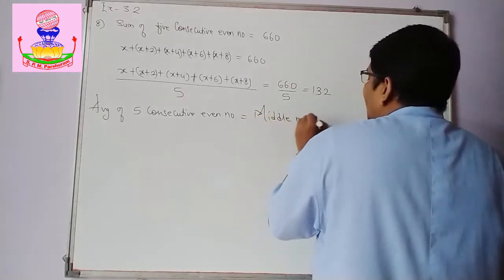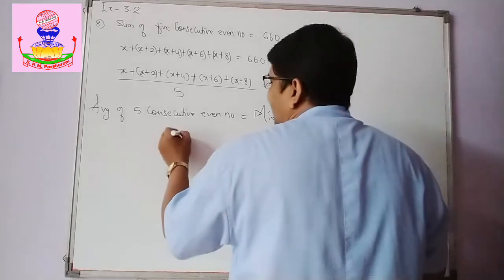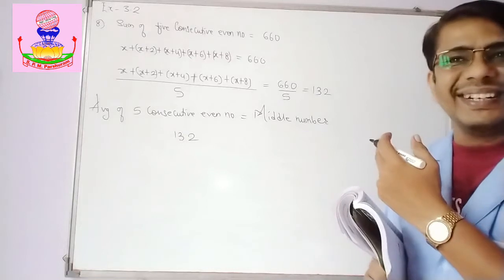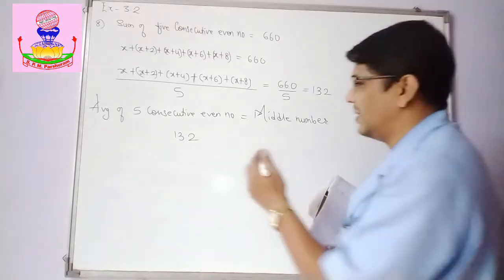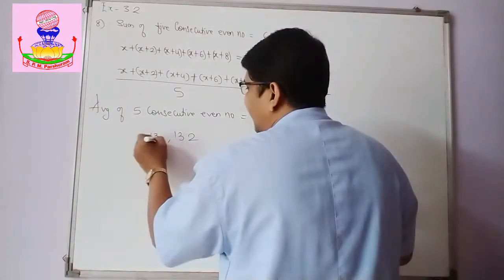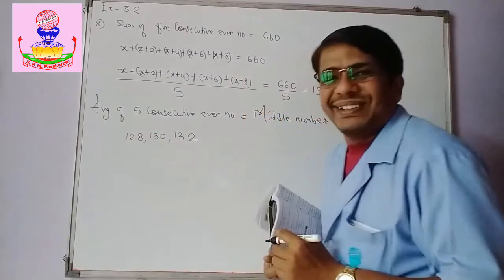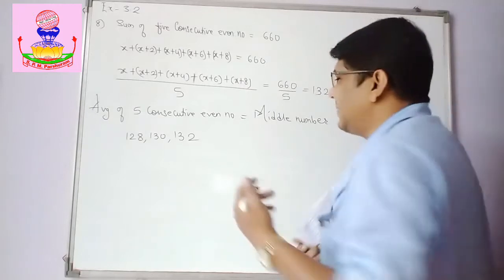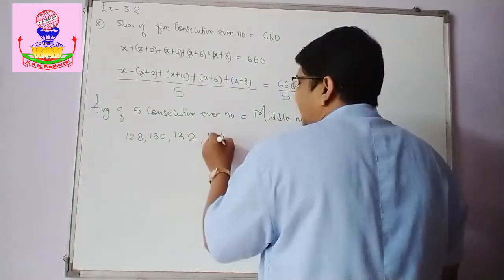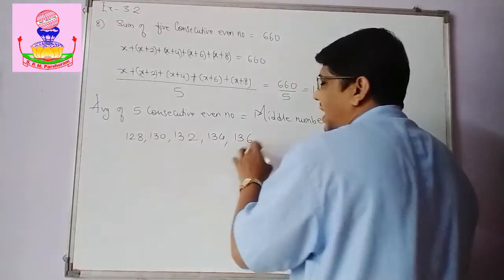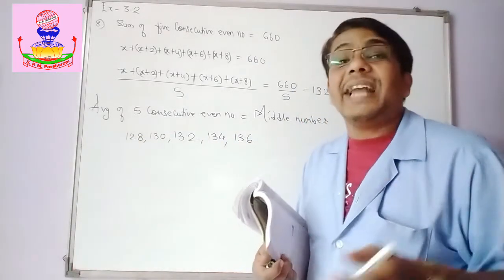Am I right? So what does it mean? 132 is the middle number. Your average is what? 132. 132 is the middle number. So the number before that is 130, the number before that 128. And after it two numbers, right? So 134 and 136. So 1, 2, 3, 4, 5.